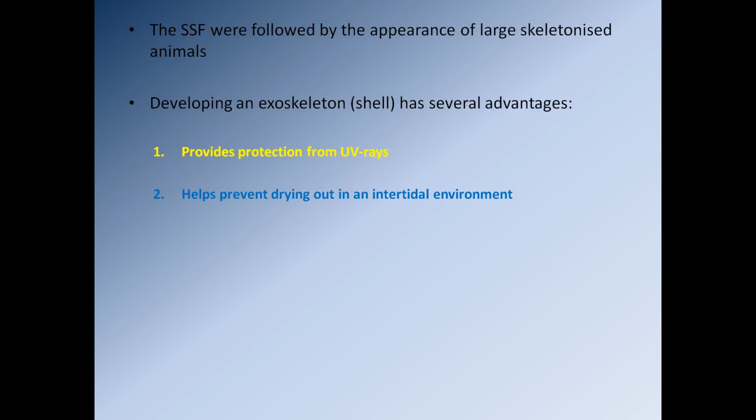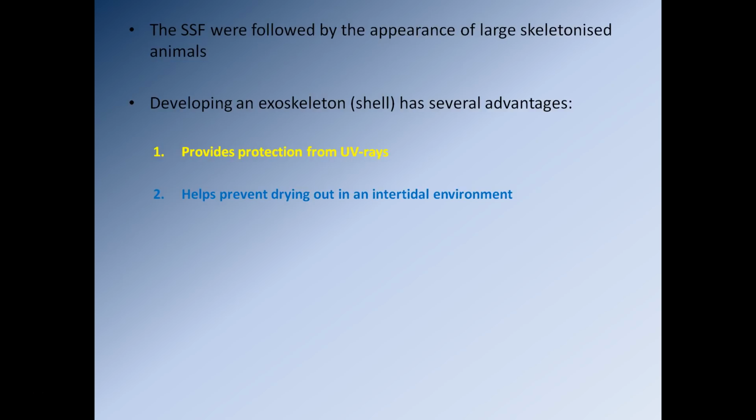So having an exoskeleton, think of an animal like a clam or an oyster, all of a sudden becomes extremely advantageous. So it means that when the sea goes out and you're left high and dry on the sandbank, well, all of a sudden, all you have to do is close your shell up, close it really, really tight, and that means essentially you can trap a small quantity of water inside your shell.